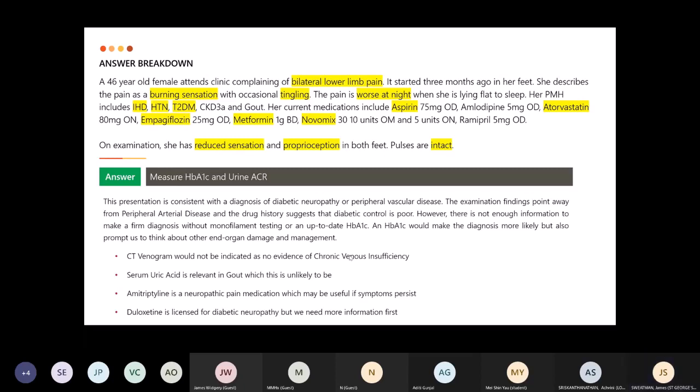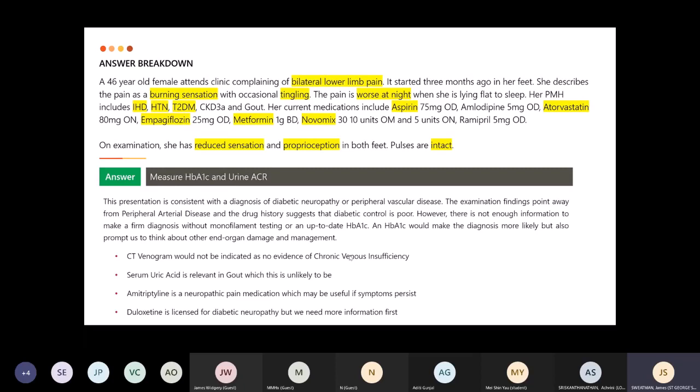So we don't know whether this is going to be chronic venous insufficiency, a vitamin deficiency, or your bog standard diabetic neuropathy. The management for diabetic neuropathy would be things like duloxetine. Amitriptyline you can use for neuropathic pain, but we need to know what the cause of the pain is first. So the first step we should do would be to look at HbA1c.